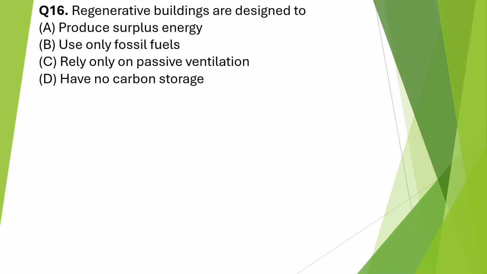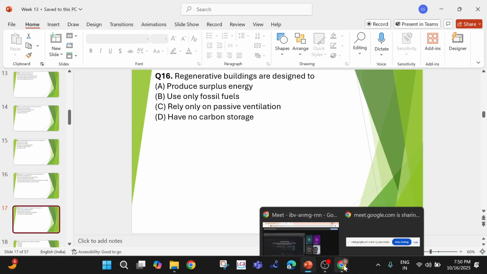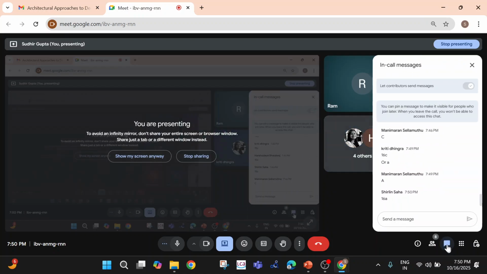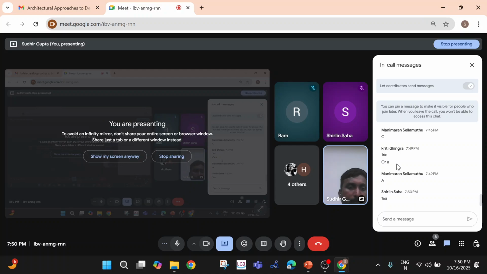So let me see, for question number 16, how many of you have given your answers? Kirti is opting for two options. First she said C, then she said A. Others are saying A only.